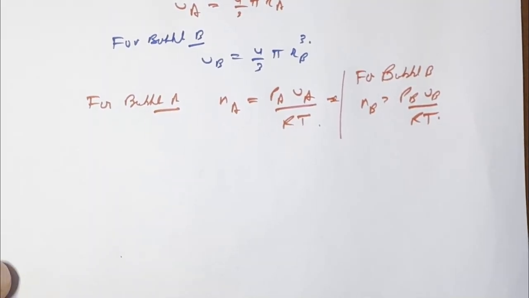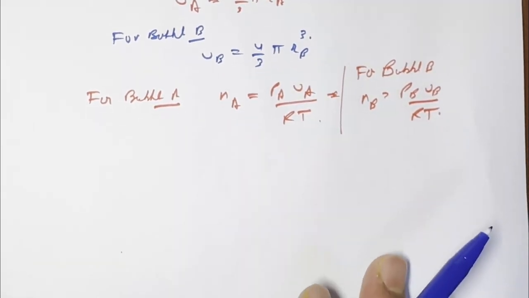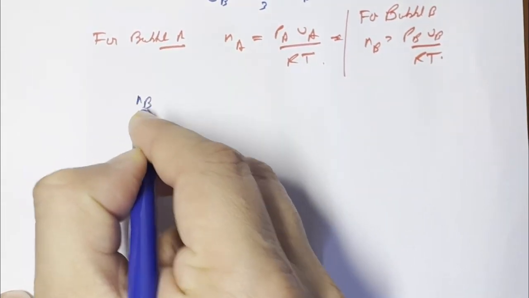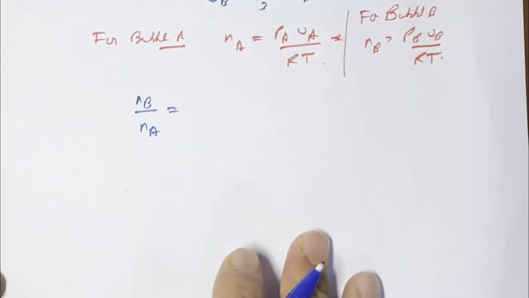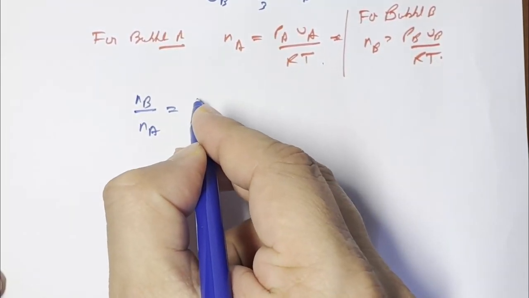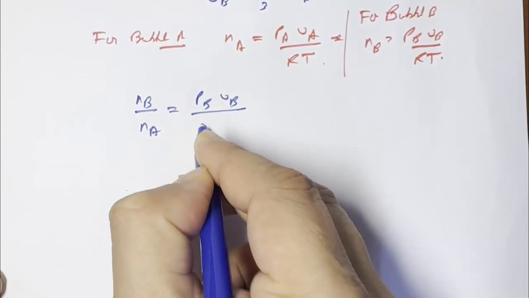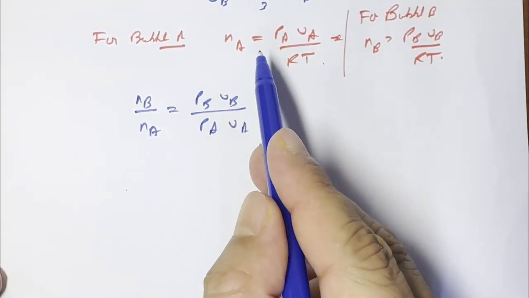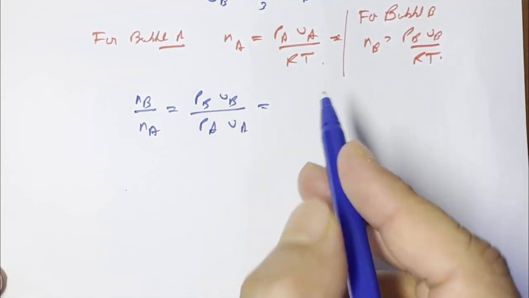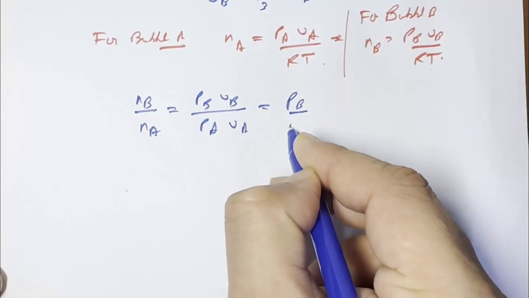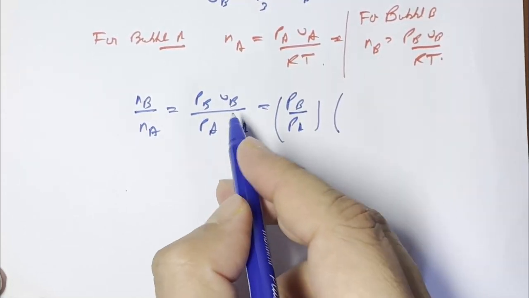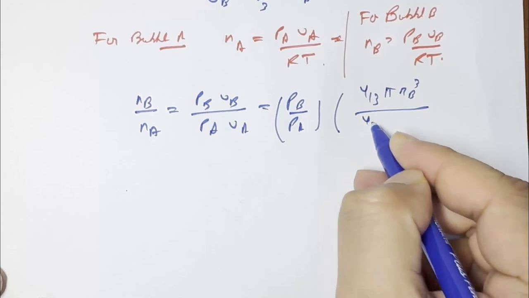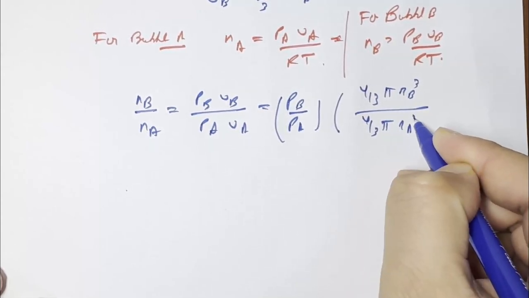We are supposed to find NB by NA, so we divide them. NB upon NA will be equal to PB VB upon PA VA, and RT and RT are going to cancel out. We substitute the value of volume for A as well as B. So we get pressure of B upon pressure of A, and volume of B is 4 by 3 pi RB cube divided by 4 by 3 pi RA cube.